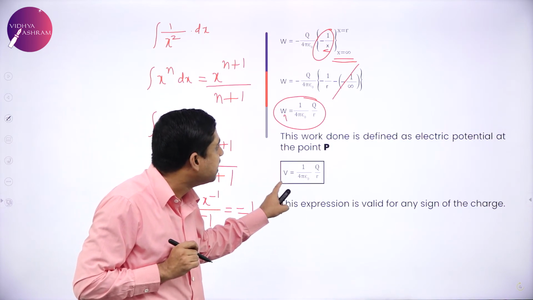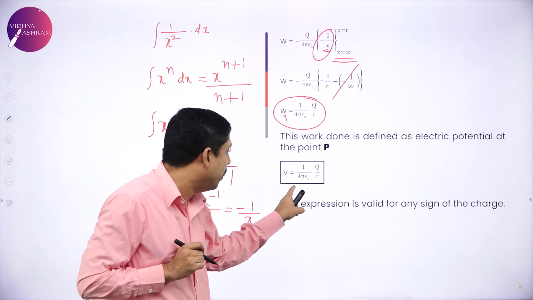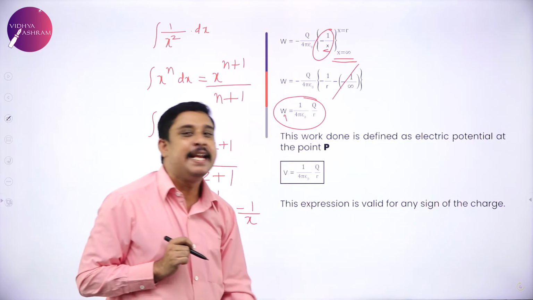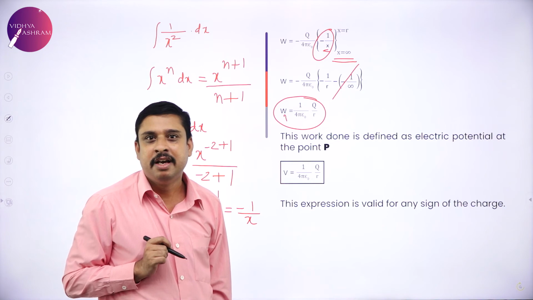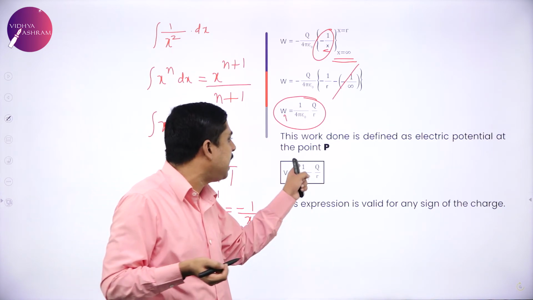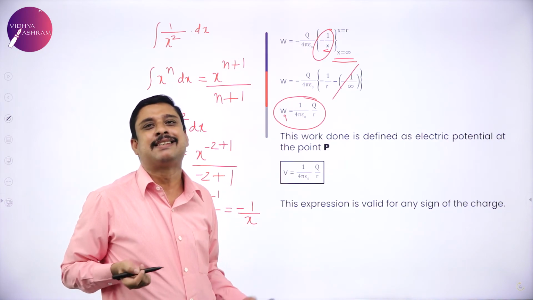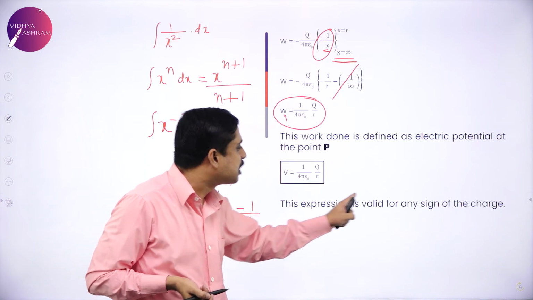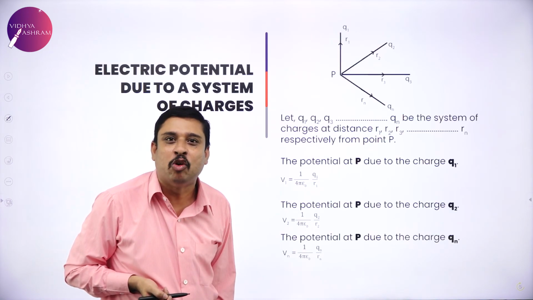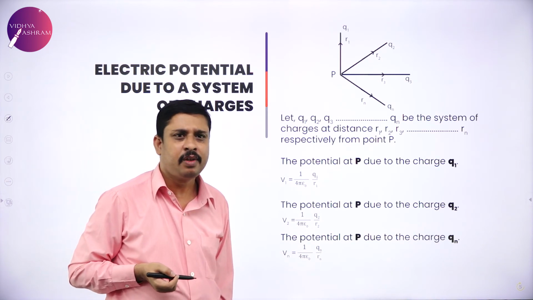And this is the expression for electric potential. And very clearly, this expression is valid for any sign of the charge. A positive charge, plus Q by R, negative charge, minus Q by R. Why? Potential is a scalar. So this expression is valid for any sign of the charge. Hope you have understood this derivation.